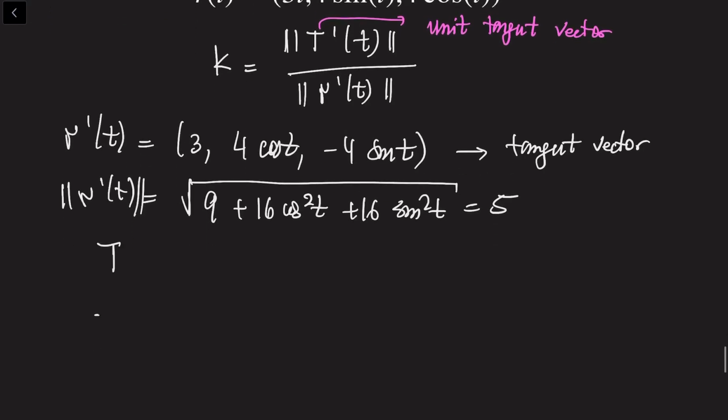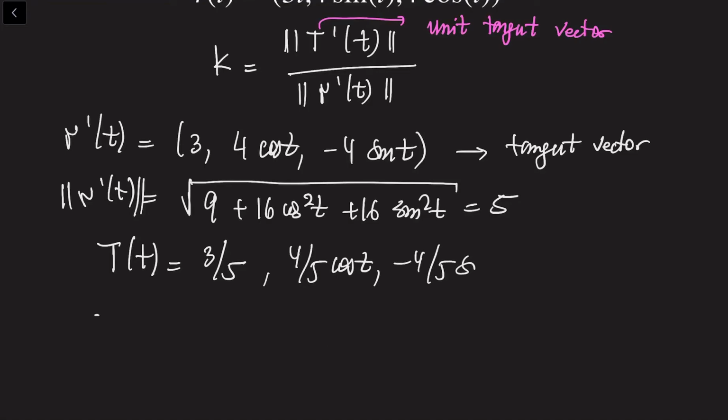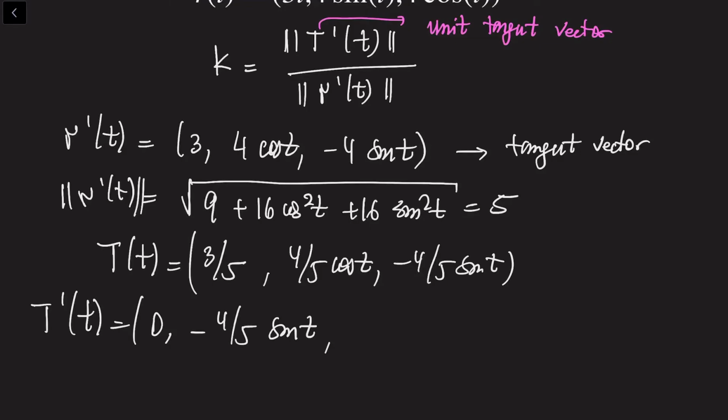So T of t is going to be equal to 3 over 5, 4 over 5 cosine of t, minus 4 over 5 sine of t. So again, what we need is the derivative of this function and its norm. So the derivative of this function is going to be equal to 0, minus 4 over 5 sine of t, minus 4 over 5 cosine of t.